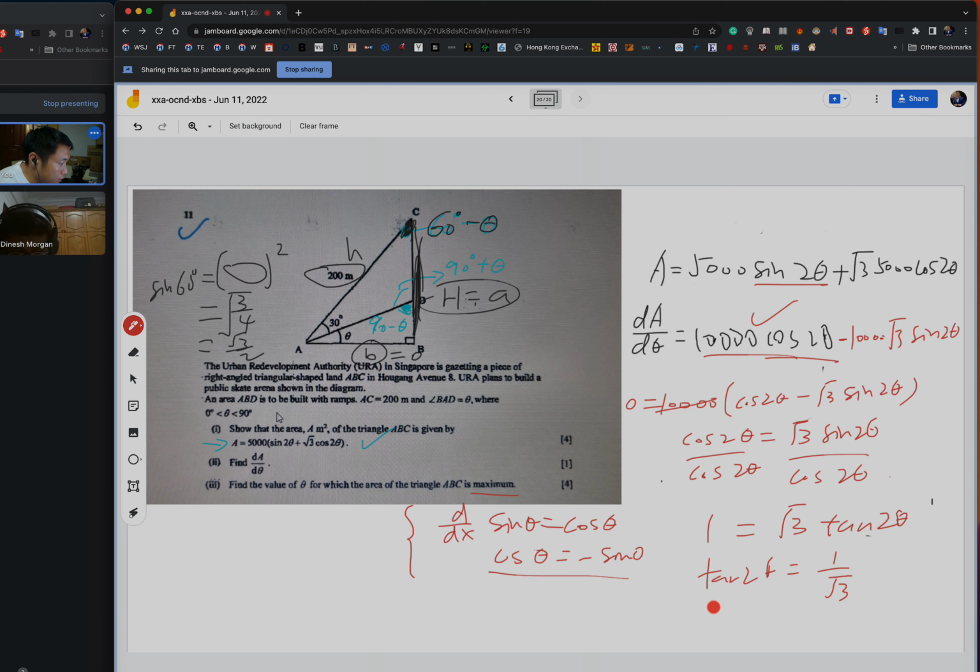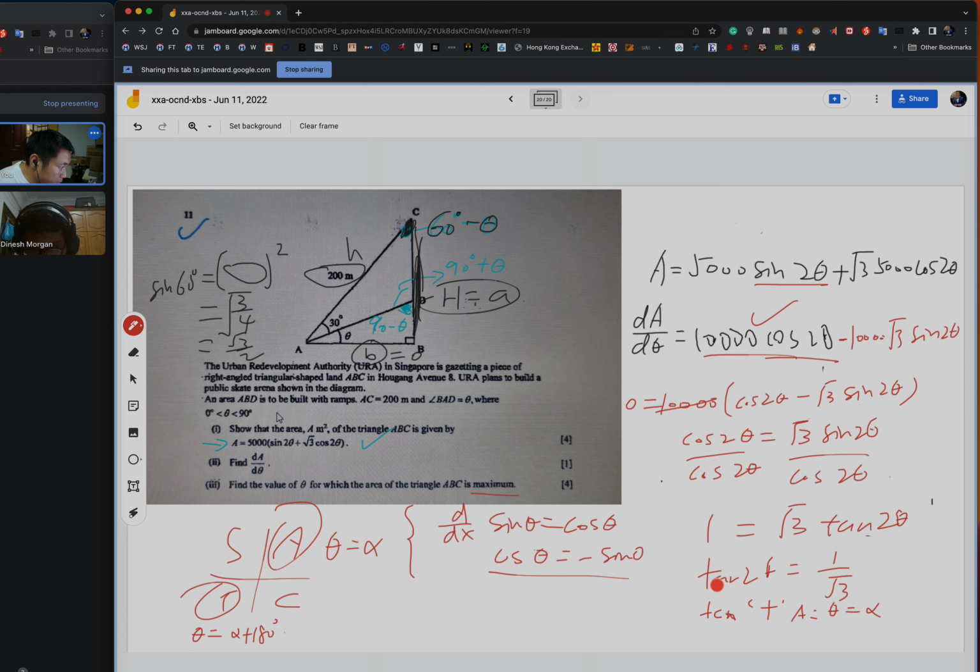Then tangent positive, right? So tangent positive is which region? Science teacher, this one, right? The formula for this is theta is equal to alpha, and theta is equal to alpha plus 180, right? So you write down theta is equal to alpha.